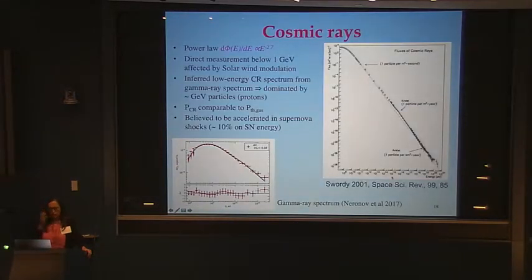Okay, so cosmic rays, which I mentioned in talking about synchrotron emission. This is the spectrum of cosmic rays. There are a lot of different features here, which I won't talk about in detail, but basically it's a power law with some breaks. Below about a GeV, our ability to get information about the spectrum is modulated by the solar wind.